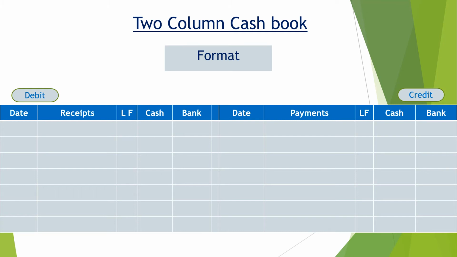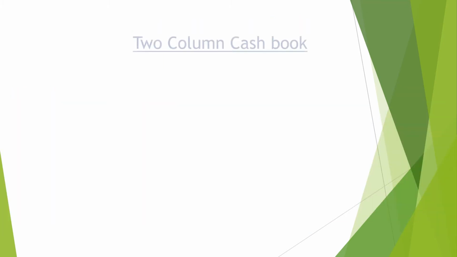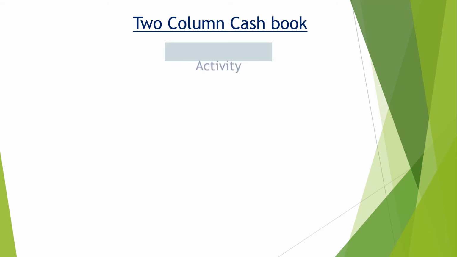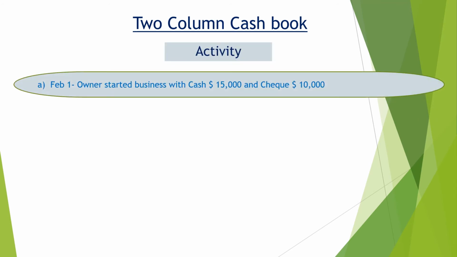Let's have some activity. Owner starts business with cash and giving a check as well, which will increase company's bank account. Both cash and banks are debited here in receipt column, giving a narration capital.